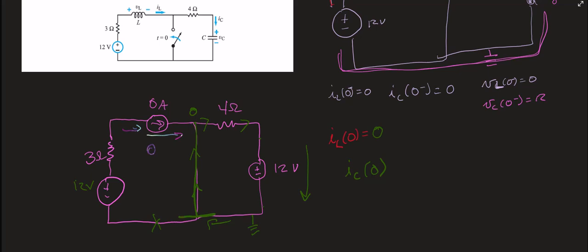So the voltage all over here is 0. So that current is going to be 0 minus 12, because it's 0 on this side, 12 on this side, over 4, equals -3 amps. So the current through the capacitor is -3 amps.